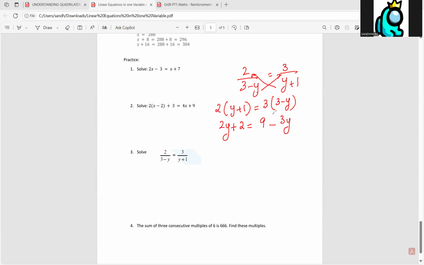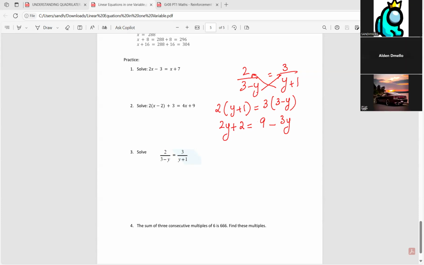Now what is the next step? Fatin. Then, what is the next step? Ma'am, after that you have to take the constant to the right hand side and take the like terms to the left hand side.